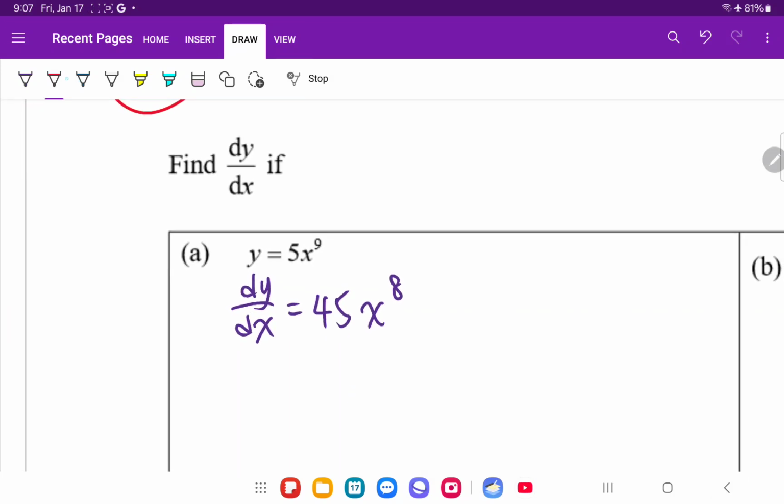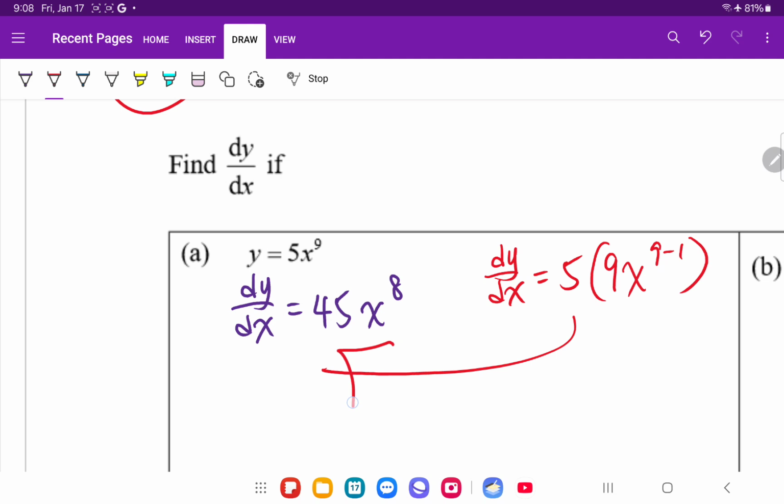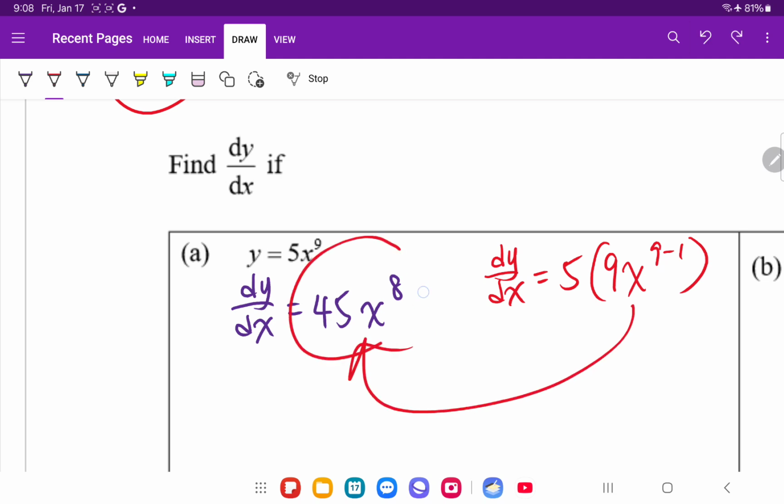You shouldn't be doing a slow and steady method. dy dx is 5 bracket 9 come down 9 minus 1. I'm so sorry, you don't have the luxury of time like this in the exam. If the question is so simple that you can visualize it immediately, get to this answer straight away.